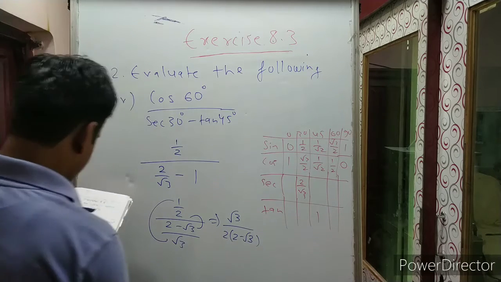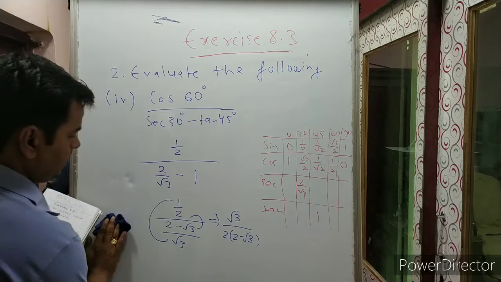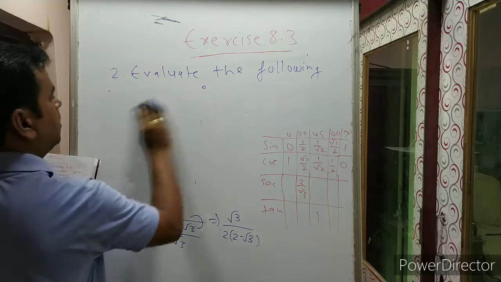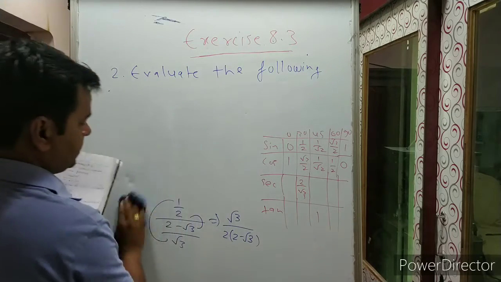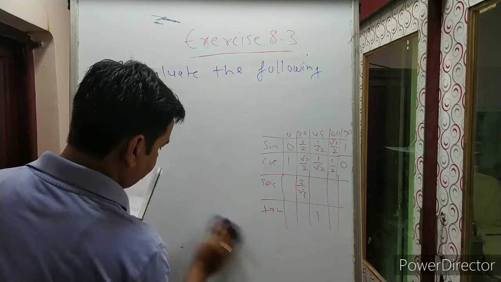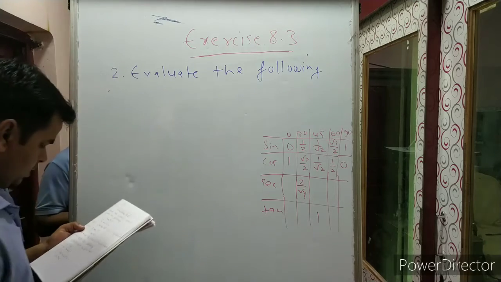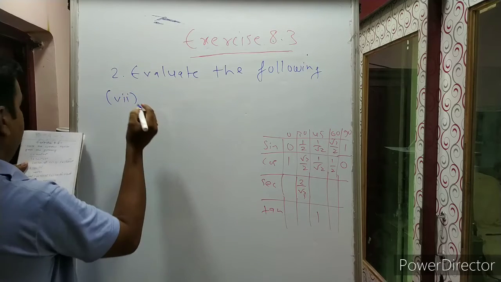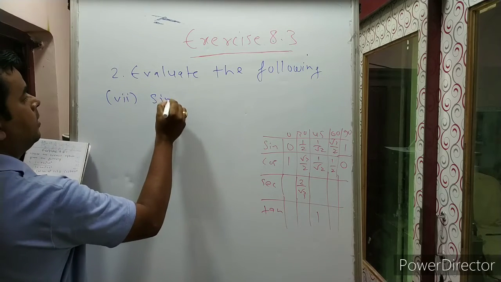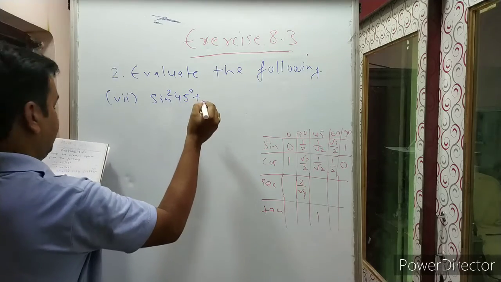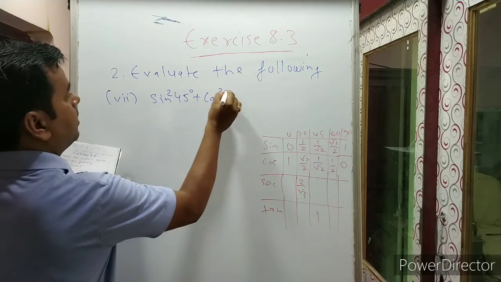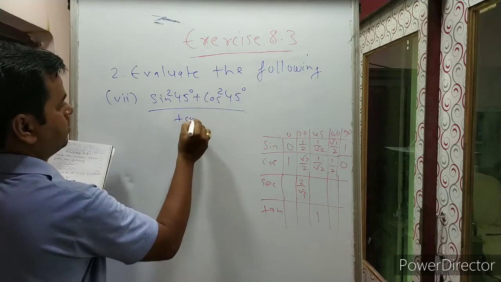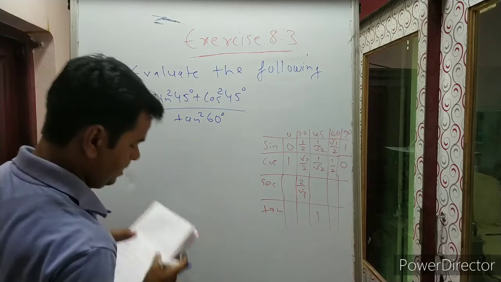Okay, now let us take one more question. Okay, one more question, that is question number 7, that is sin square 45 degree plus cos square 45 degree upon tan square 60 degree.